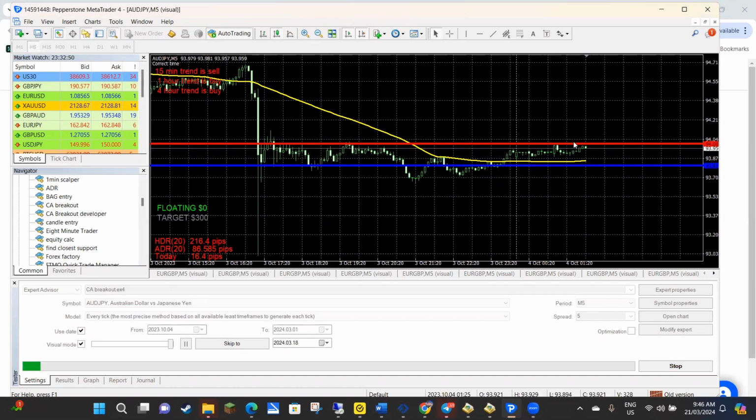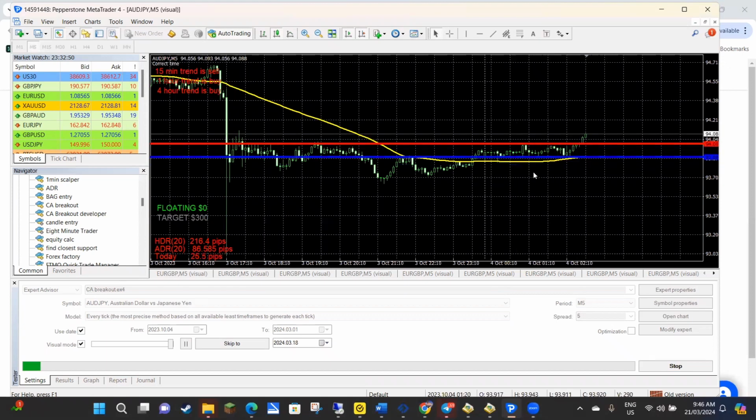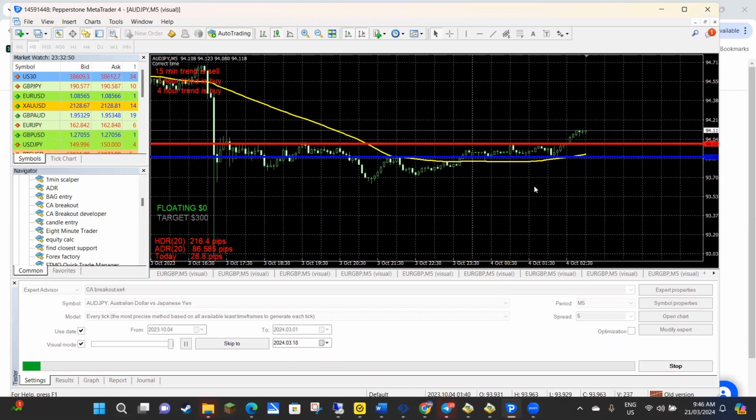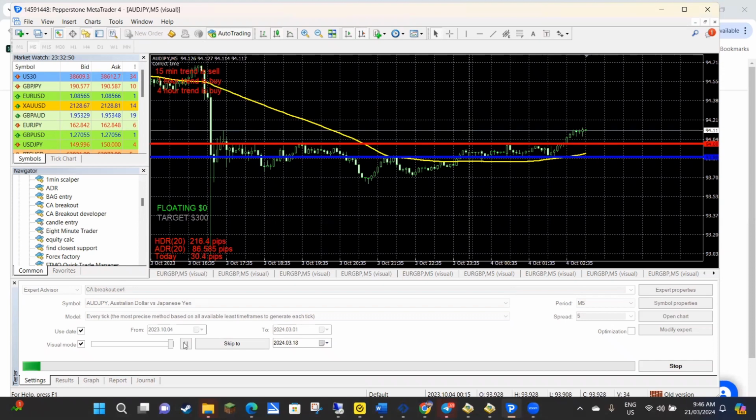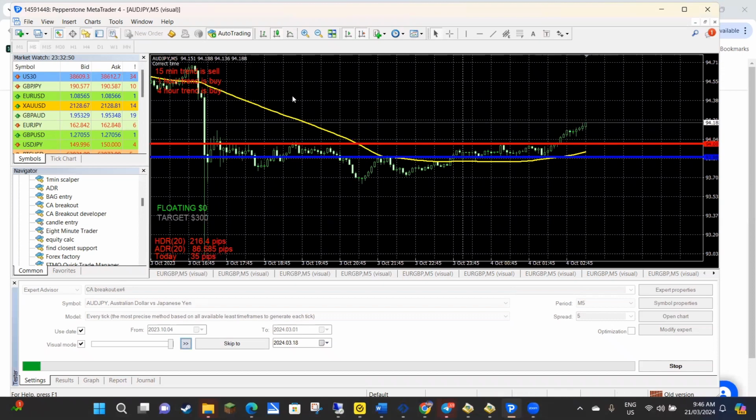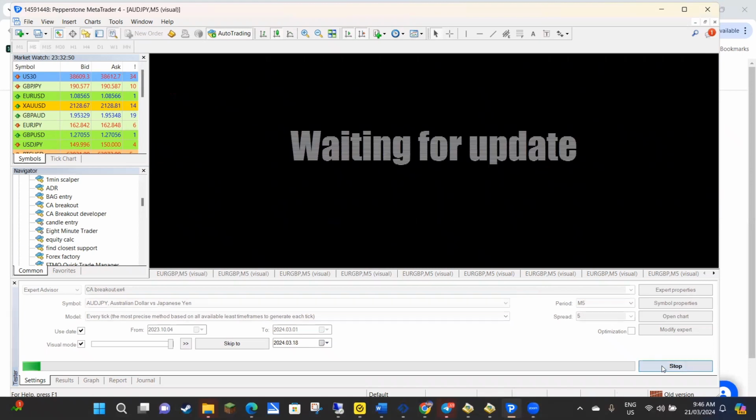That's what those red and blue lines are. It's just calculating the top and bottom of this 5-minute range. Just quickly go through everything else. So we've got that start and stop time setting. So it's telling us now that it's the correct time. Let me just stop it and start again.